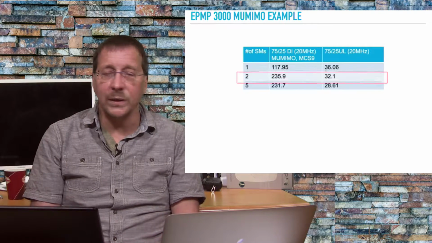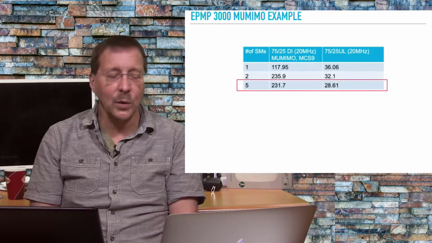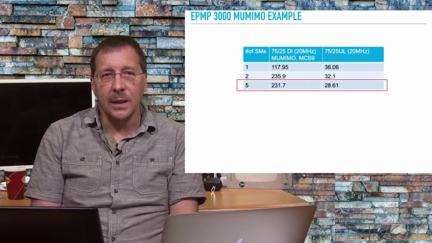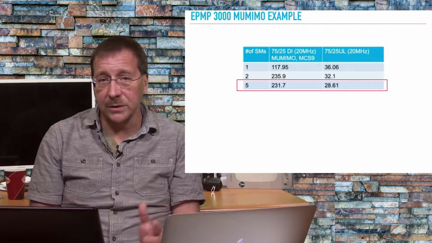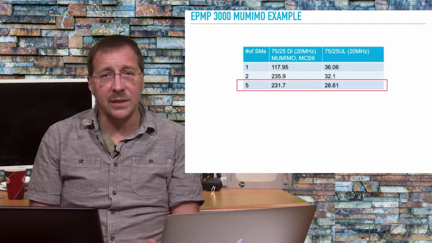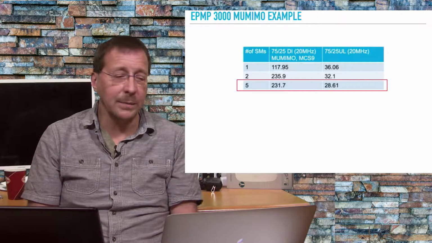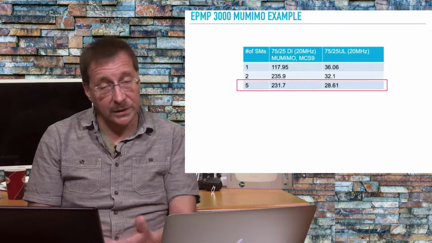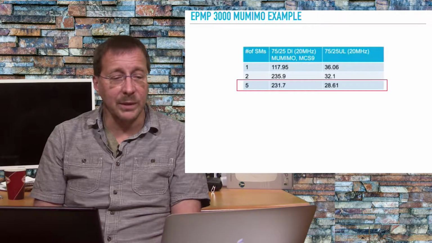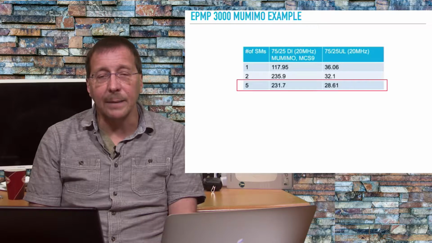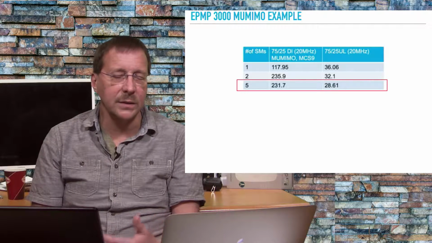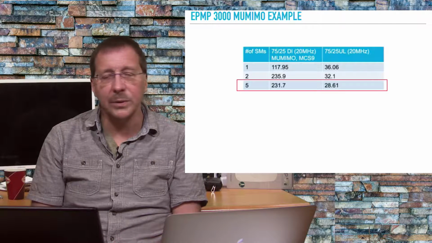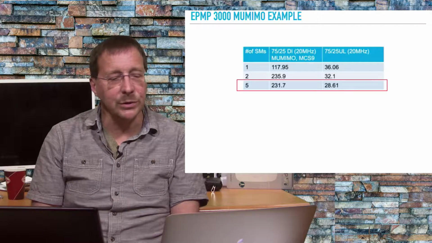If you went to 5 SMs, or more than one, the AP would be able to find groupings of customers that it could send data to, and you would jump up to approximately, using the highest modulations, about 230 meg down and 28 up. Again, it's all dependent on where the SMs are, how far they are, their signal strength, etc. But those are the ideal numbers that you could get.